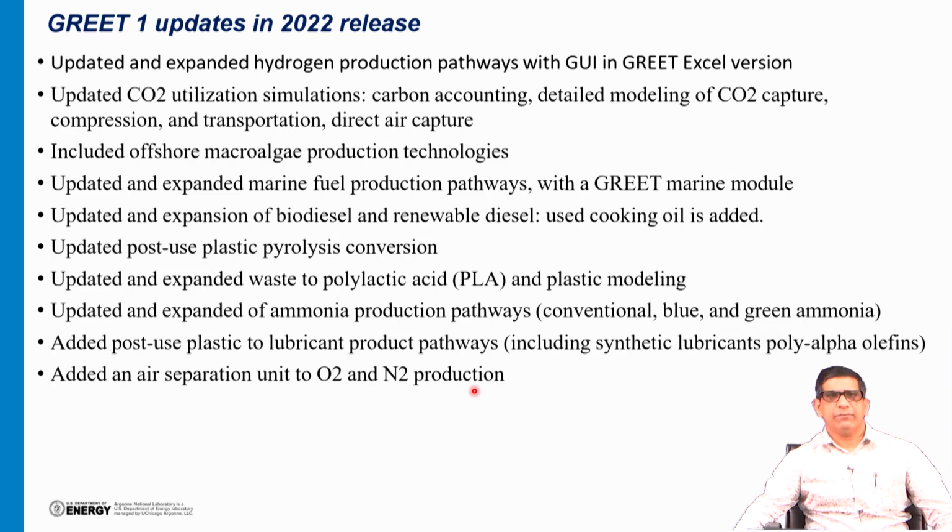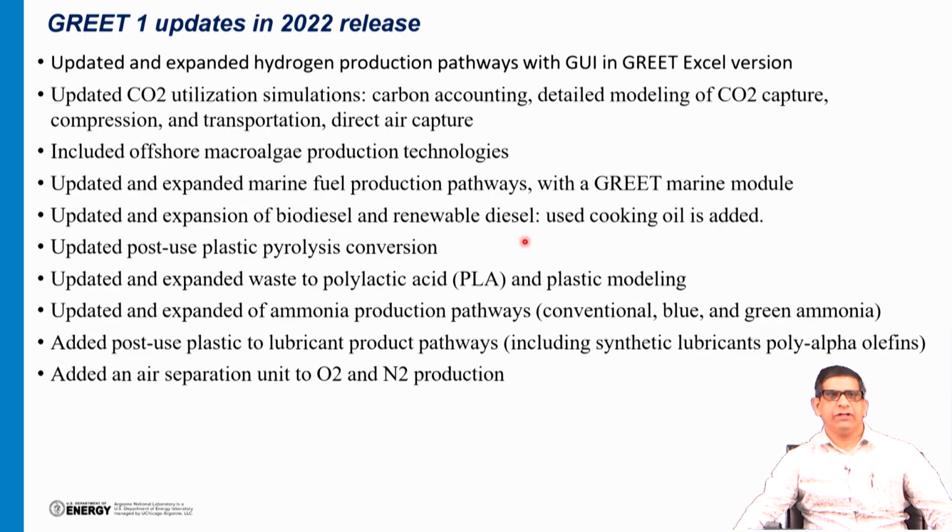In GREET 1, there are some updates where the hydrogen production pathway has been expanded, along with CO2 utilization in carbon accounting, CO2 capture, offshore macroalgae production, and marine fuel production pathways, biodiesel, renewable diesel, post-use plastic pyrolysis, expanded waste to polylactic acid and plastic modeling.